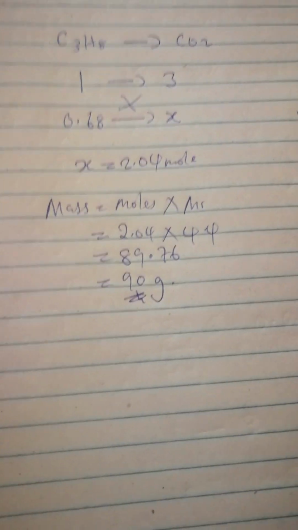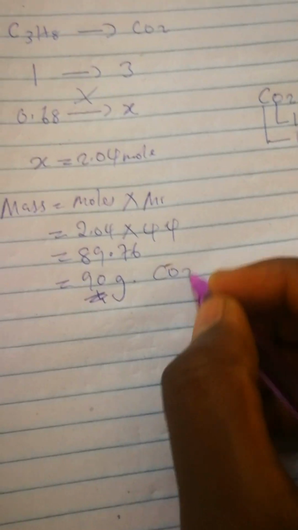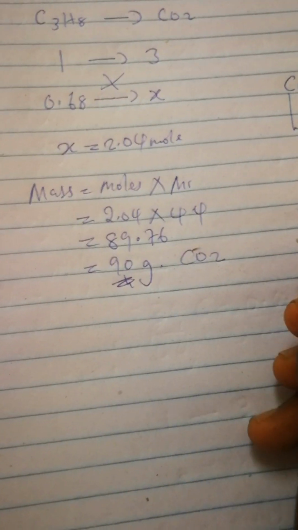Now we know that this is the theoretical yield for CO2, and the actual yield they have given us in the question was 70 grams of CO2. So now we calculate percentage yield.